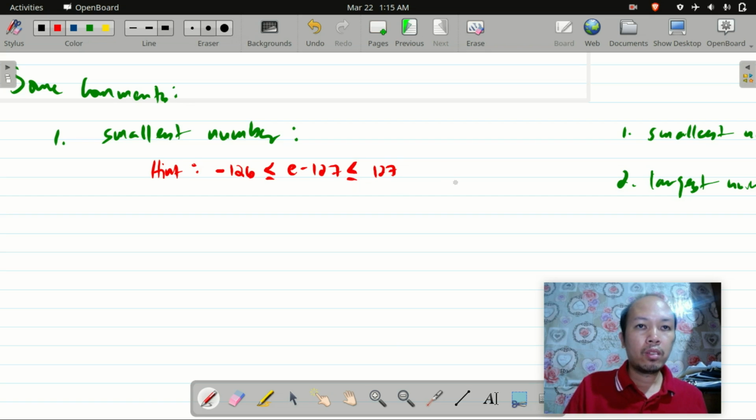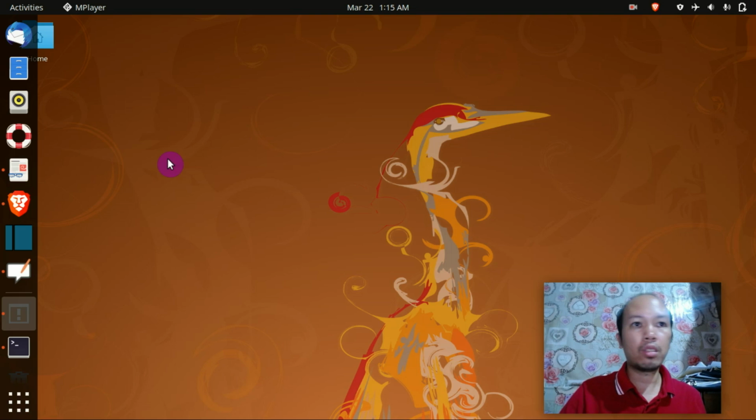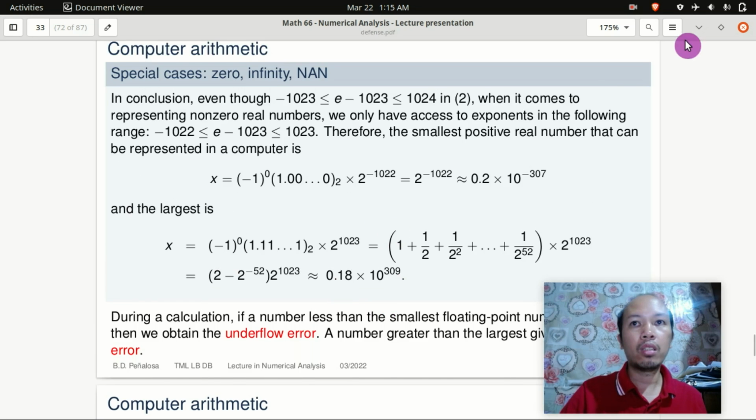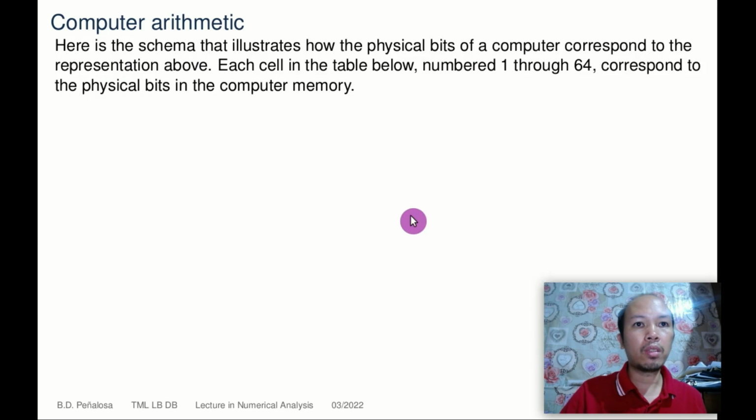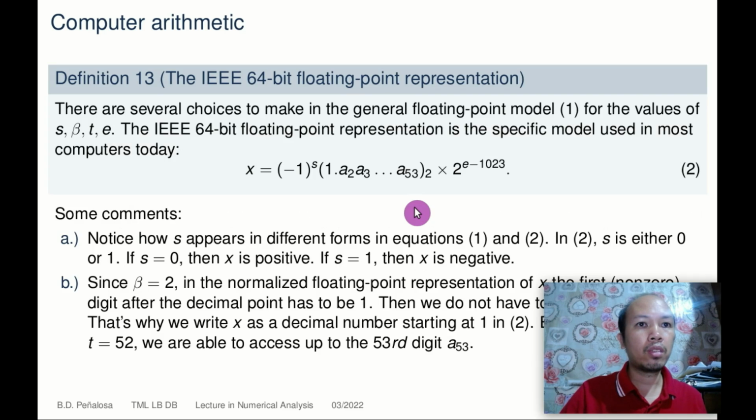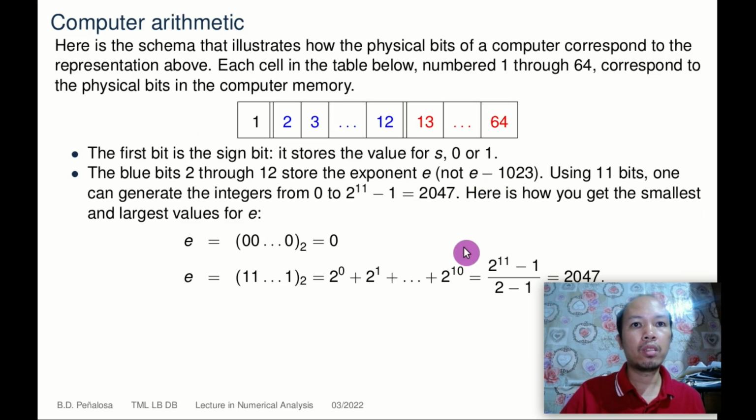If you remember it from before, you can calculate it this way. So we apply this explanation to the 32-bit floating point representation of a given number. You can apply this idea.